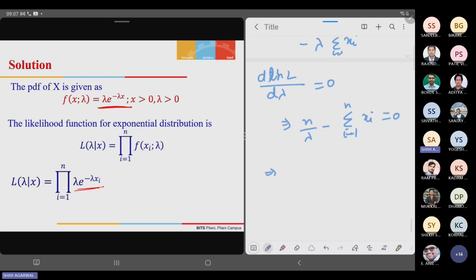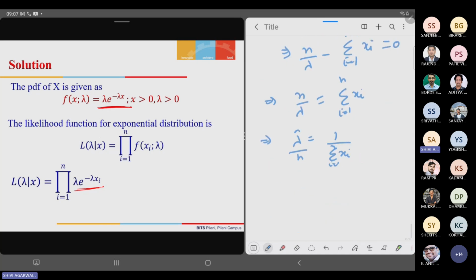So that will give you n upon lambda is equal to summation of i equal to 1 to n xi, and that also provides you lambda hat is equal to n upon summation of xi, i equal to 1 to n. So it is 1 upon x bar.